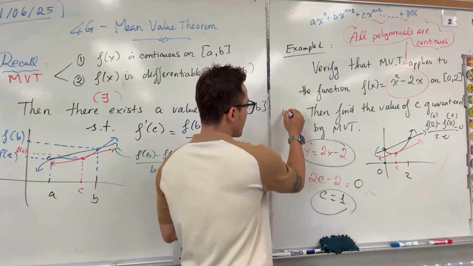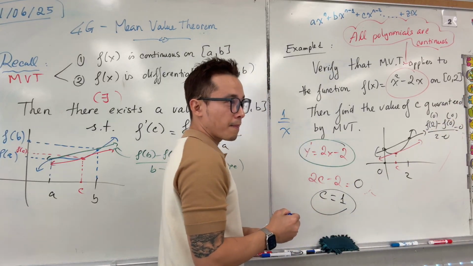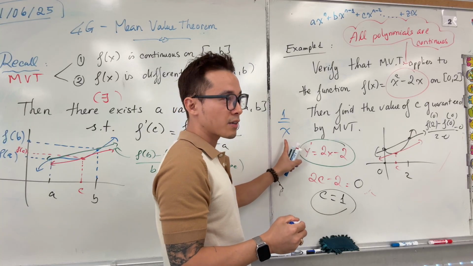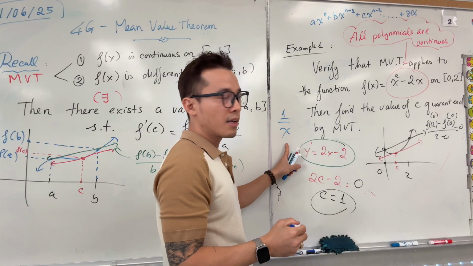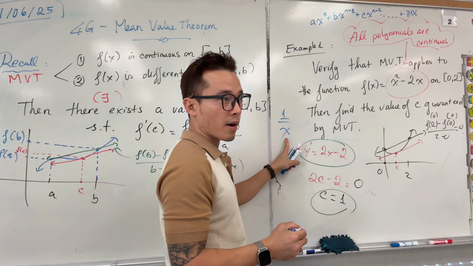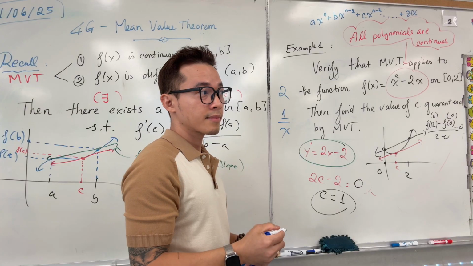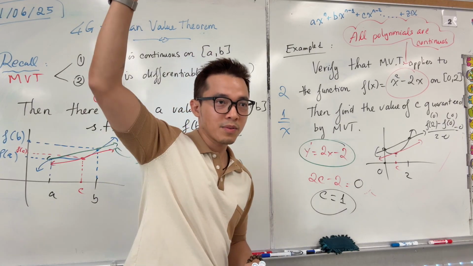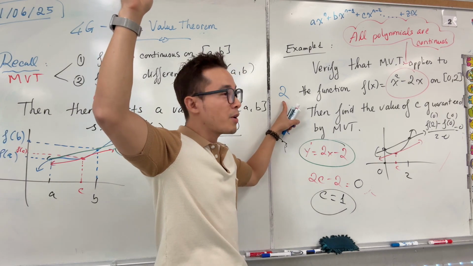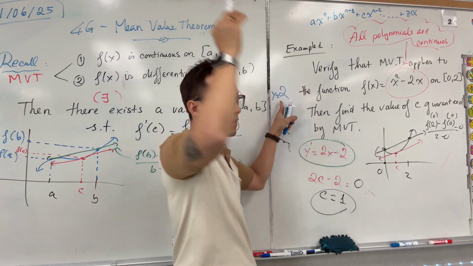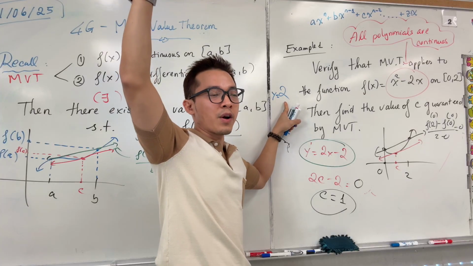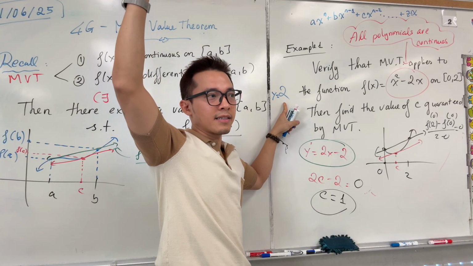Is this a polynomial? No. Okay, no fraction. That's called a rational function: polynomial on the top and polynomial on the bottom. Is it a polynomial? Yes or no? Who says yes? Who says no?